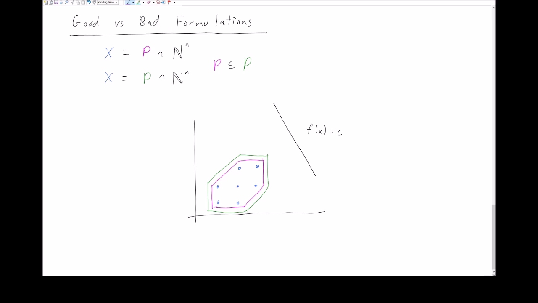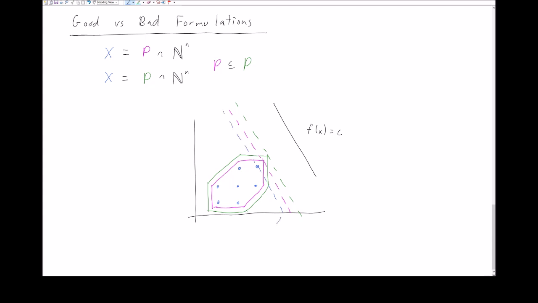In this case, we have an objective function f of x, and the polyhedron, this green one, is going to have some objective value that's quite high. The pink polyhedron is going to have an objective value that's a little bit lower. And both of the polyhedrons are going to have objective values that are larger than the true objective value of our integer program, drawn on this blue line.